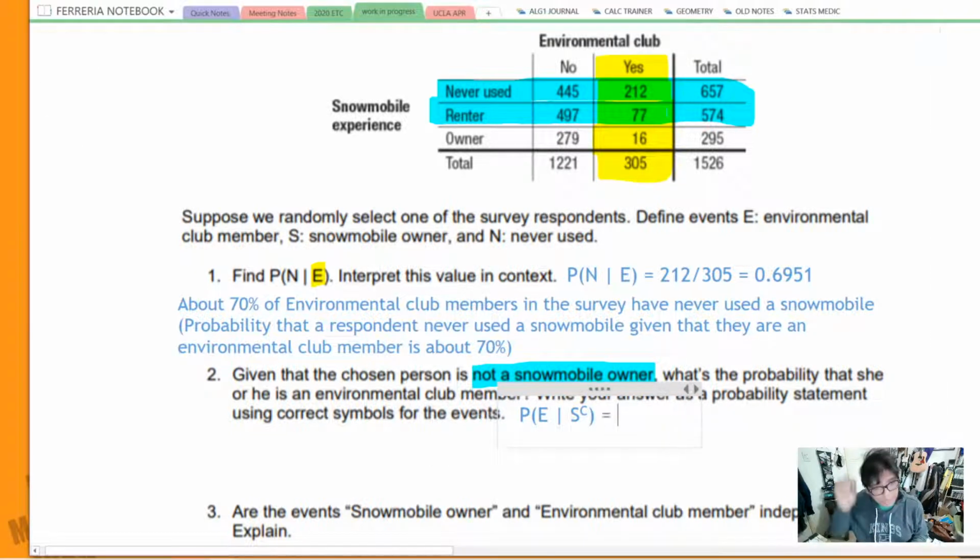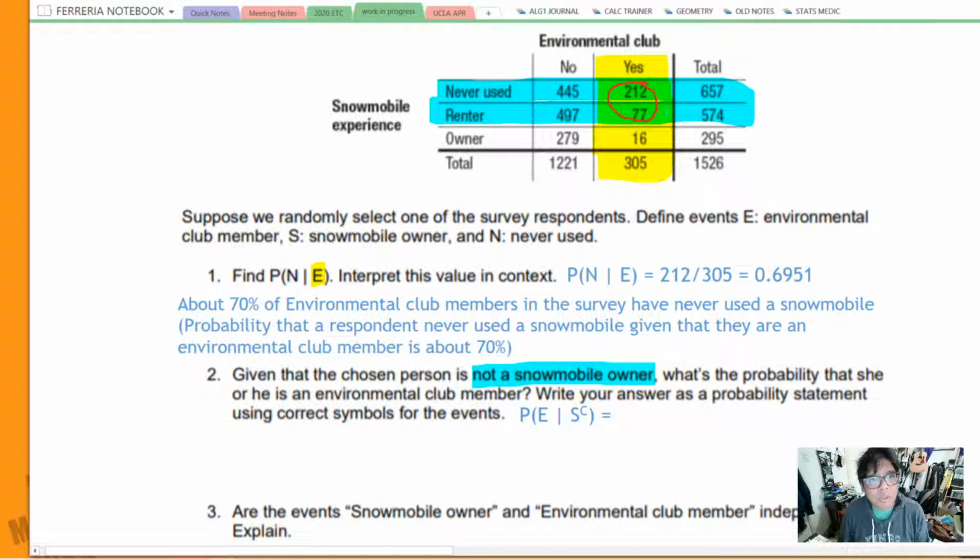How many environmental club members are there in the S complement group? There are 212 in the never used section and 77 in the renter class.